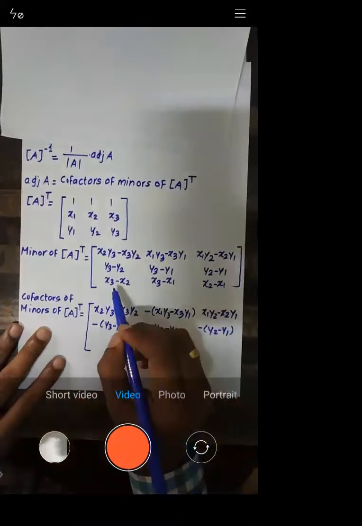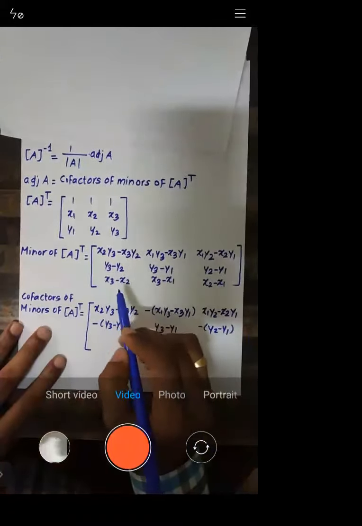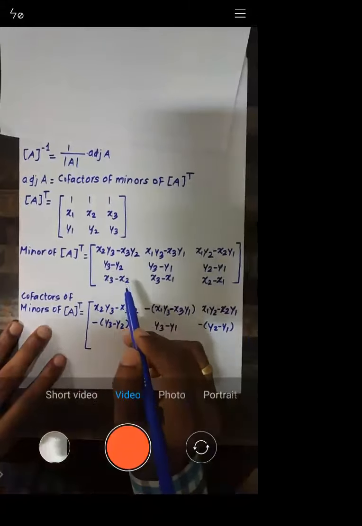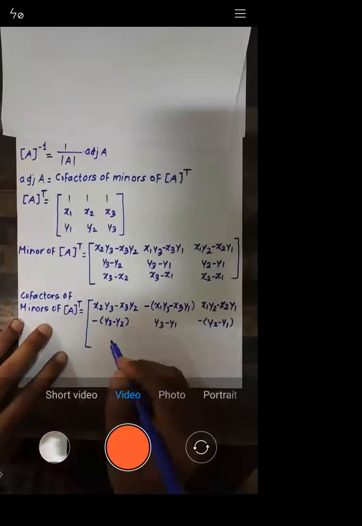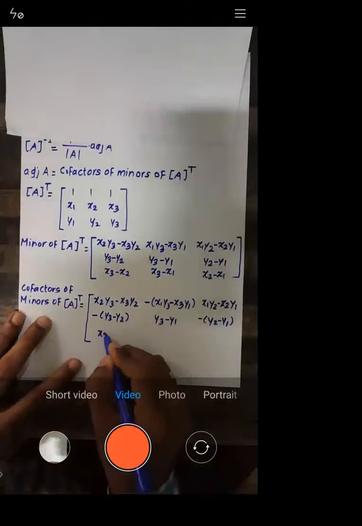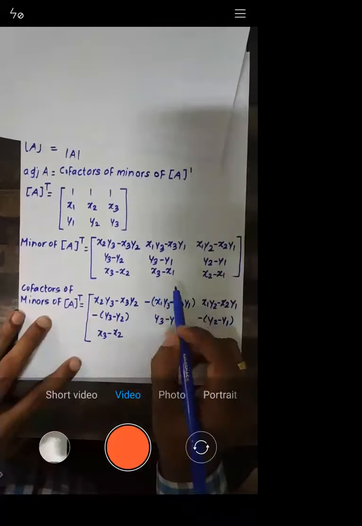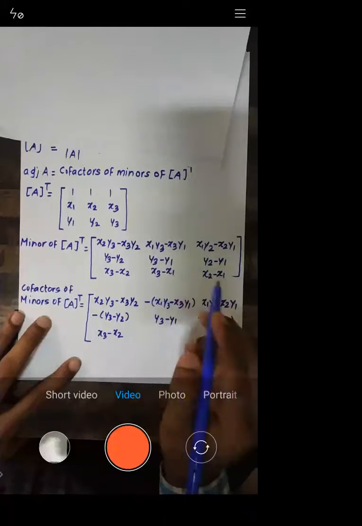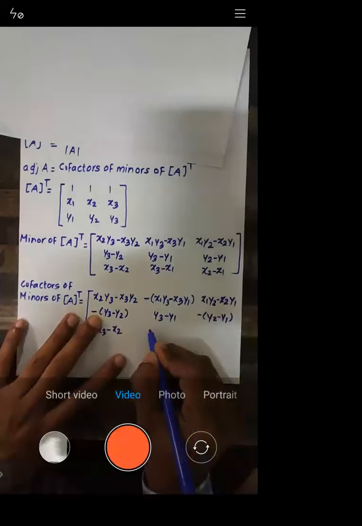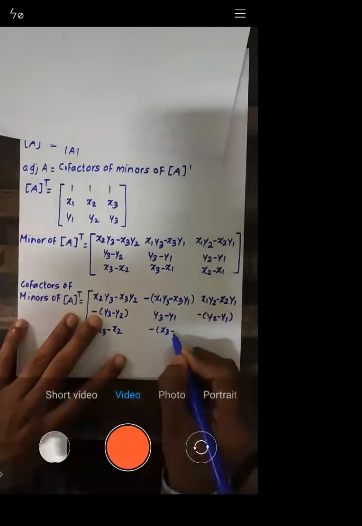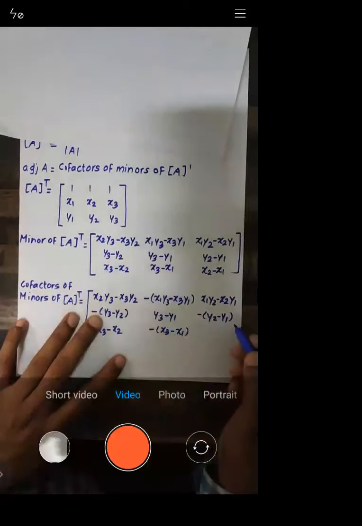Now come back here. Third row, first column. So 3 plus 1 is 4, which is an even number, so I'll keep it as it is. X3 minus x2. Next, third row, second column. So 3 plus 2 is 5. That is odd, so I'll give a minus sign. Minus x3 minus x1.